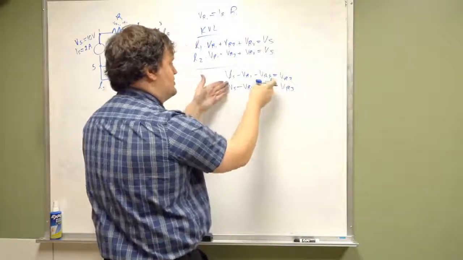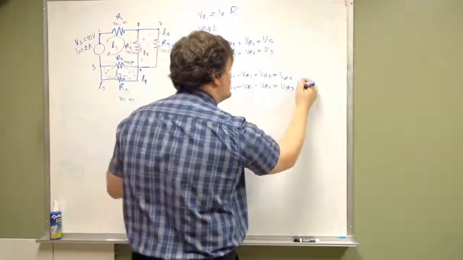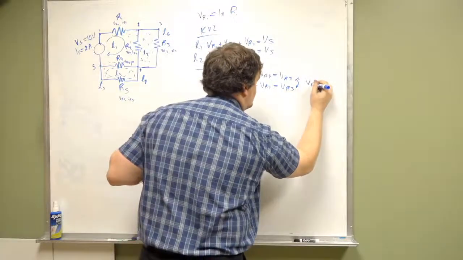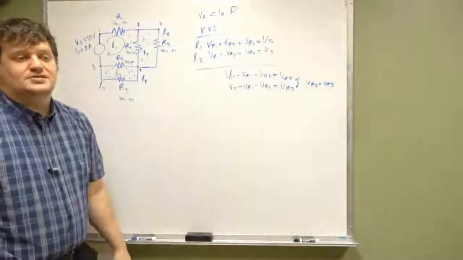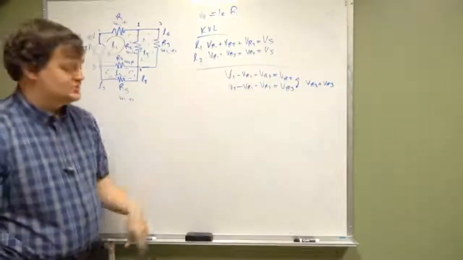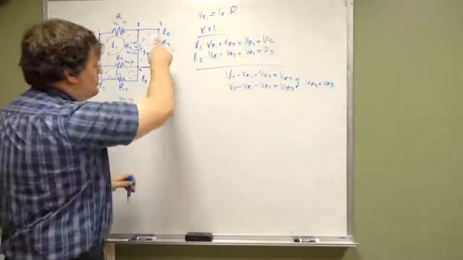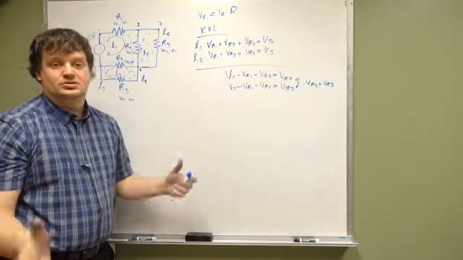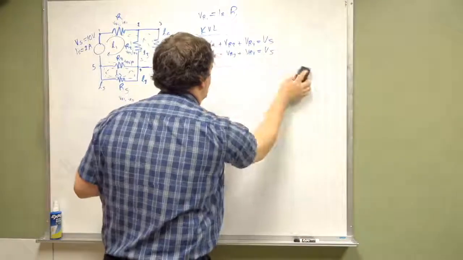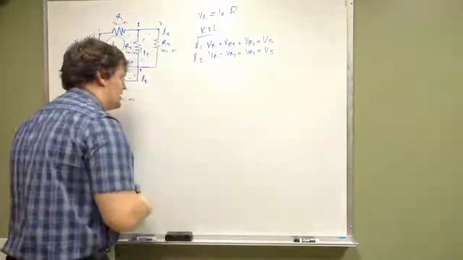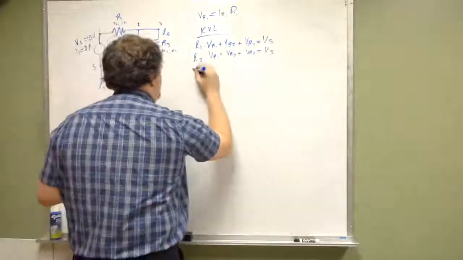Which this is equal to that, so we know that VR2 equals VR3. I can tell that just by looking at those two equations. Now, if we go to loop 6, it'll prove that VR1 equals VR3, but VR2 equals VR3, but we're not there yet.